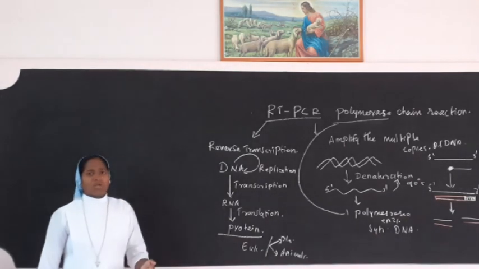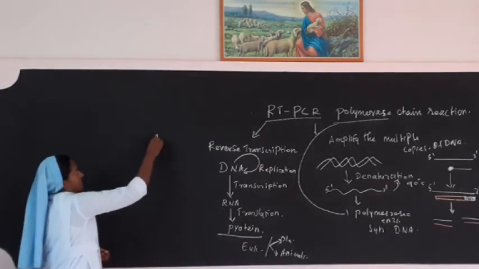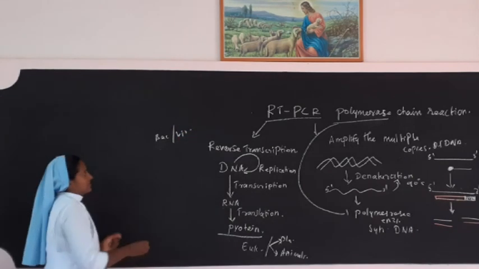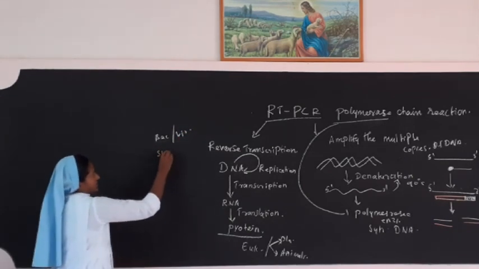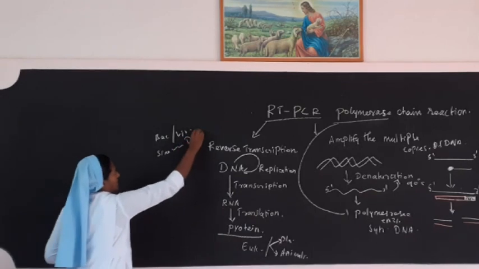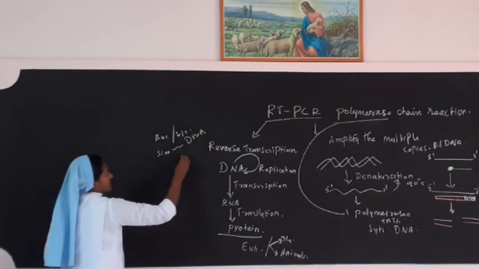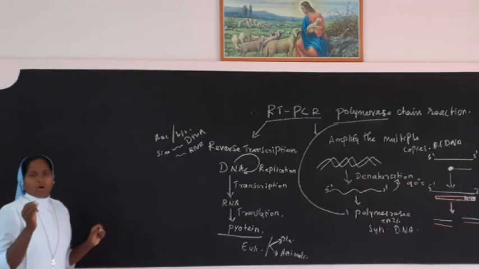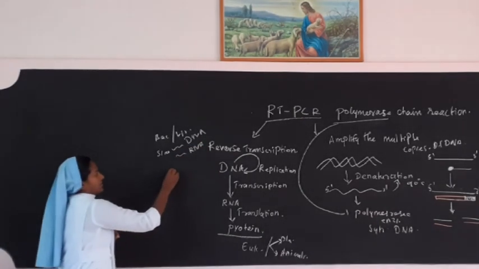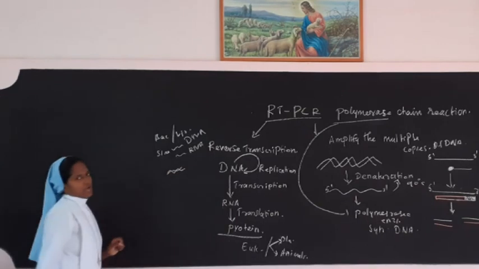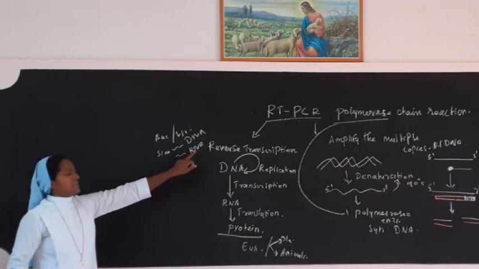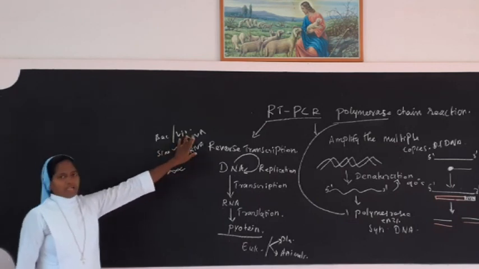But in some other organisms like bacteria and viruses, they have either single strand DNA or single strand RNA. Only a few viruses have double strand RNA. Most viruses have single strand RNA or single strand DNA.